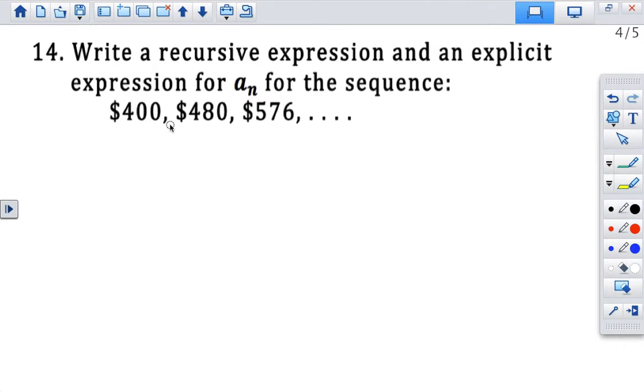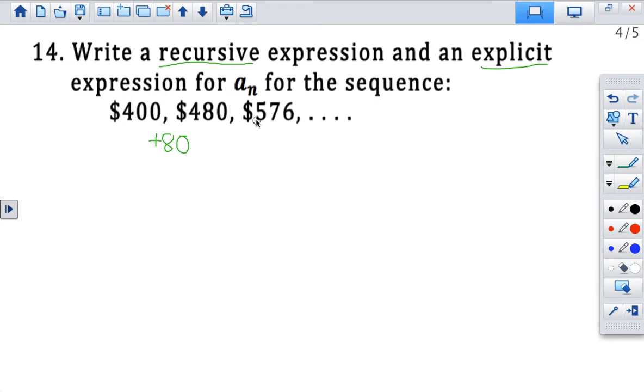All right, let's look at this one. Again, we're writing the recursive formula and the explicit formula, but this time they do not tell us whether it's an arithmetic or geometric sequence. So let's try it out. Just looking at these two numbers, I want to say, let's add 80 to it. If we're adding 80, we would have an arithmetic sequence.